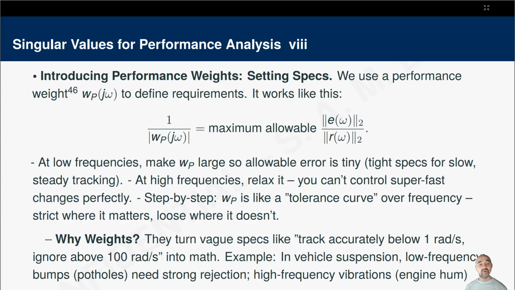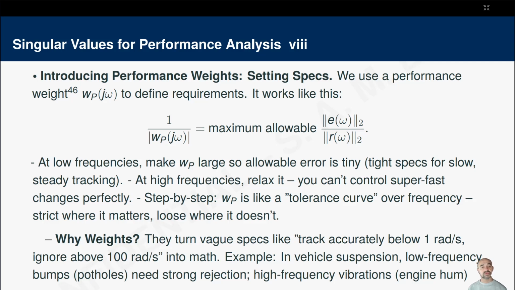But this is 1 over WP, the performance weight, as the ratio of the error norm over the reference norm. Remind me, what was this ratio? The ratio of the error vector norm to the reference vector norm. It was between sigma underscore of S(jω) and sigma bar of S(jω).